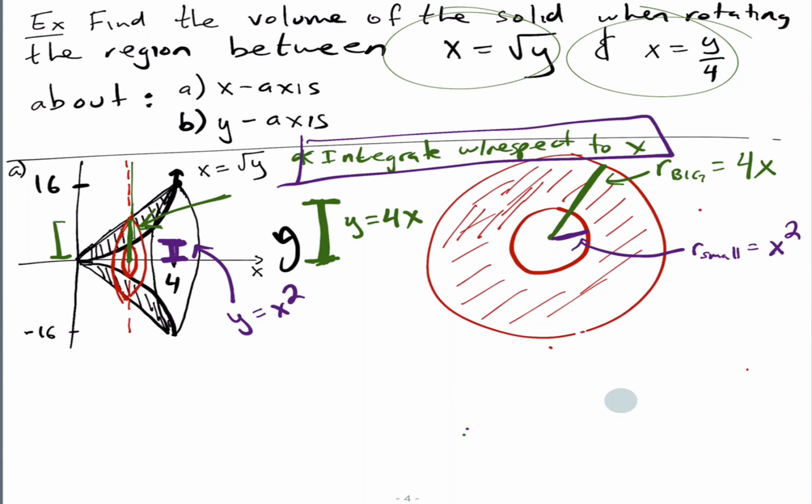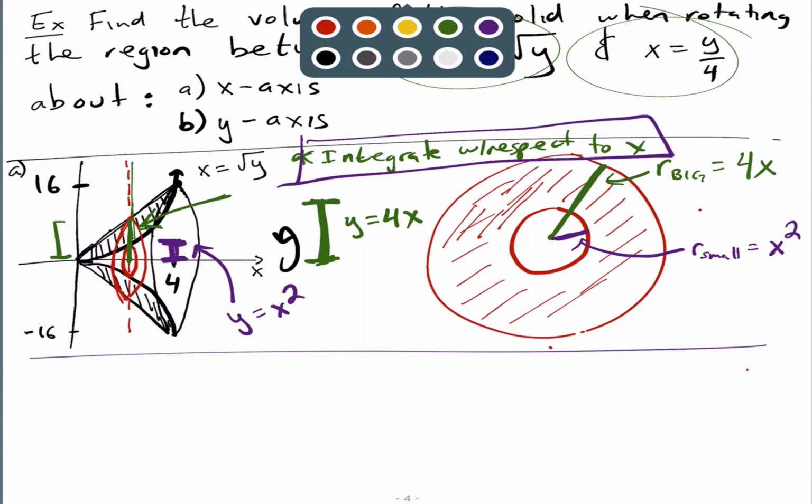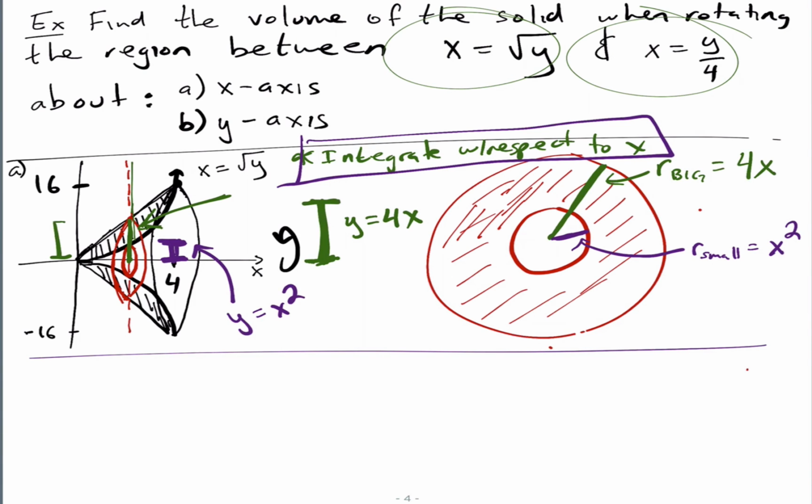All right, so let me erase that so that we have a little bit more room here. Okay, so let's write down the area of the cross section we said was area of the big minus area of the small, right? And we said what that was. So what's the area of the big?